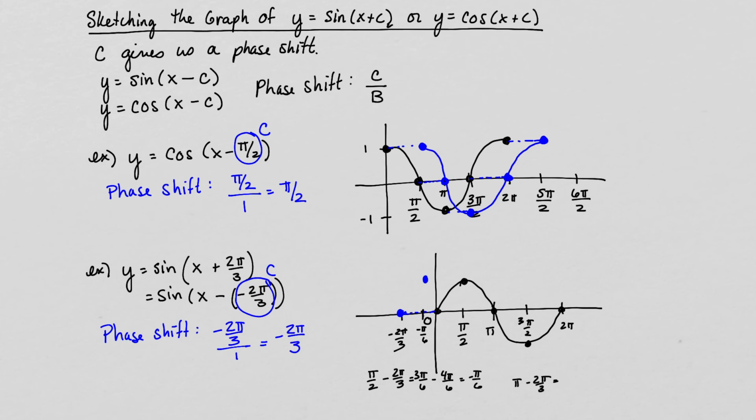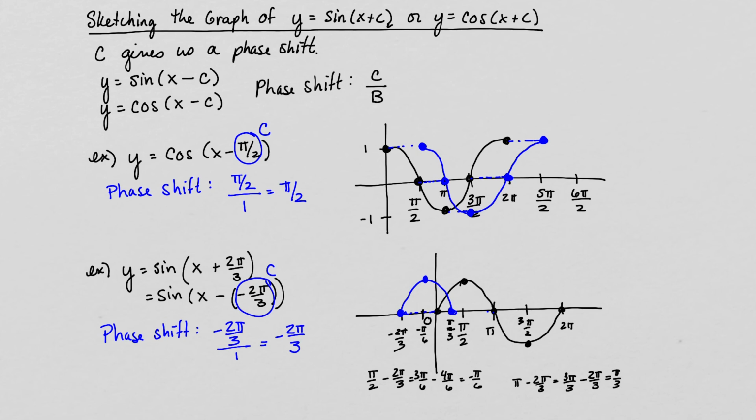So that's going to be 3 pi over 3 minus 2 pi over 3, or pi over 3. And pi over 3 is a little bit smaller than pi over 2, so it's probably like there. So this point here is going to move backwards to there. And you can see we're beginning to build our curve, right?